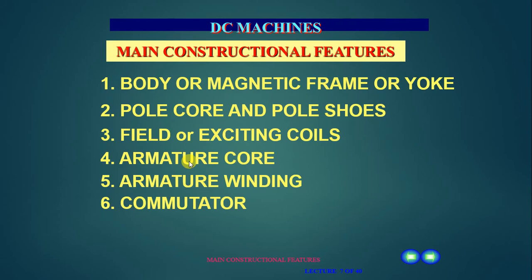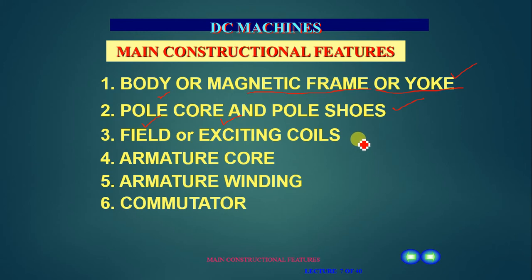Coming to the constructional features of a DC machine, it will have a body or a magnetic frame, also called the yoke. It has two types of poles: the core pole and the shoe on which it is rotated, and field and exciting coils.